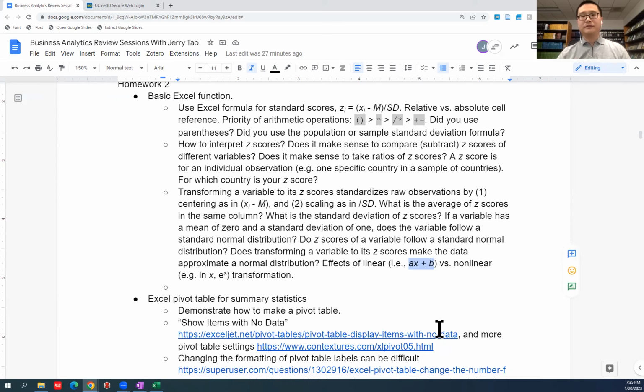We only use multiplication and addition or subtraction when calculating this transformation. However, if we use a nonlinear transformation, if we take, for example, logarithms or exponentials, this could potentially change the shape or the distribution of the raw score.